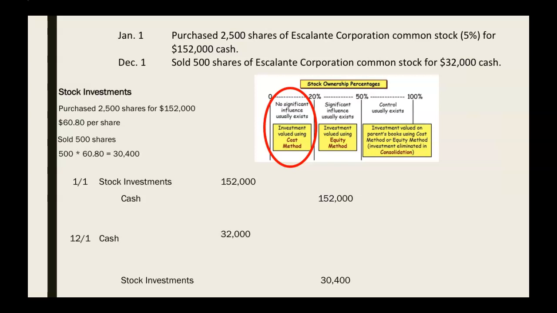You sold stock that was worth to you $30,400, but you were able to get someone to pay you $32,000. So you had a gain on the sale of stock of that difference, that $1,600. Because you were able to get more cash than what your stock investments were worth to you.